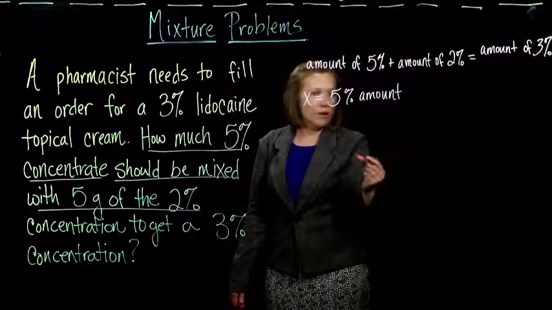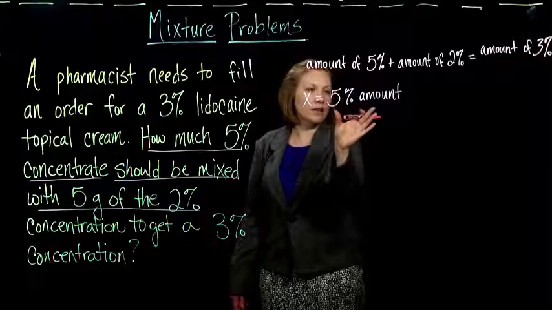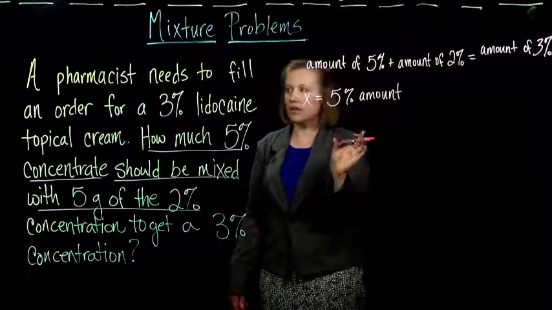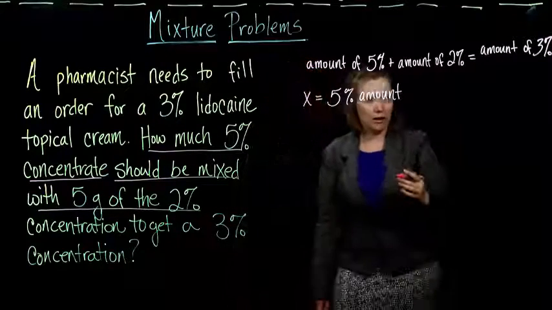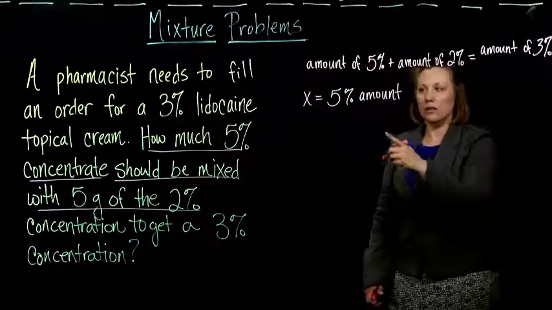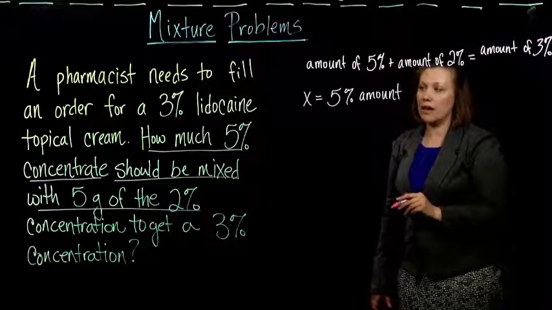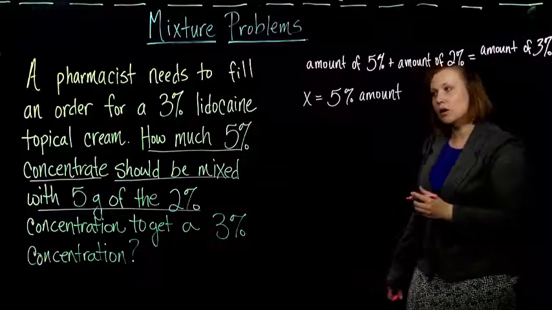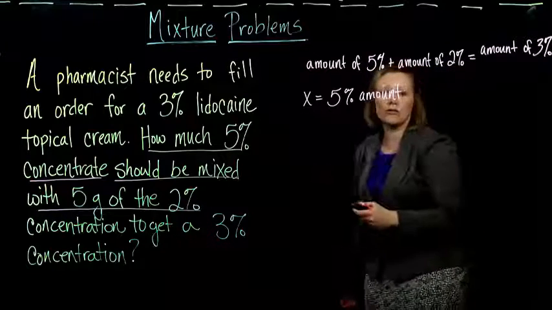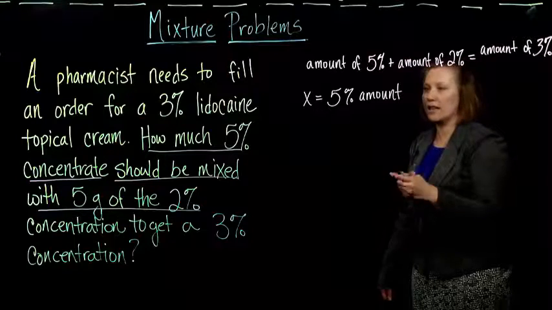And then I know a couple of other things. If you have a 5% concentrate of lidocaine and you have x amount, how do you find the amount of lidocaine that's in that x amount? Say, for example, let's put a number in there to make it easier. Suppose I have 100 grams of 5% lidocaine cream.